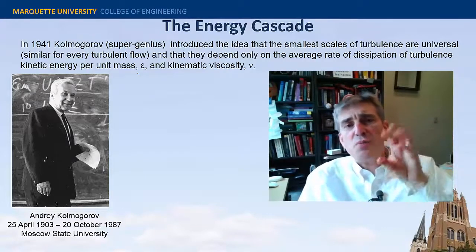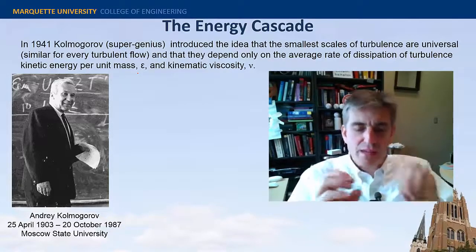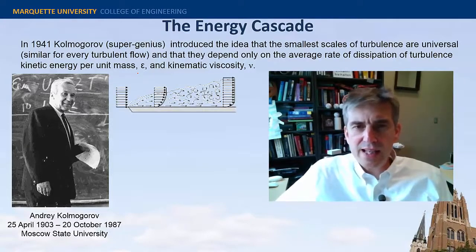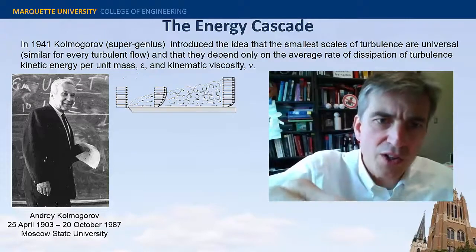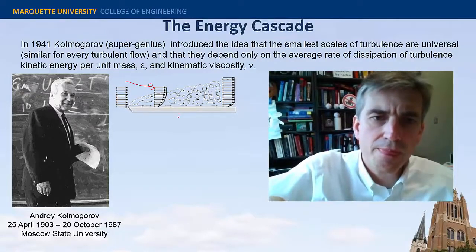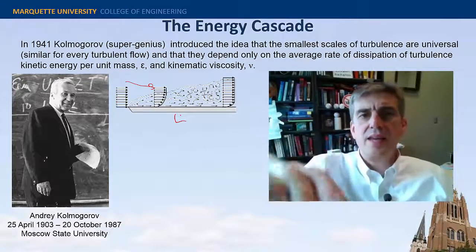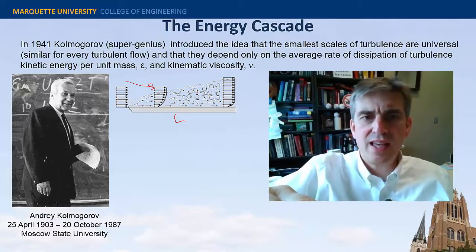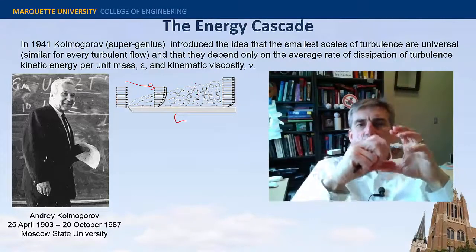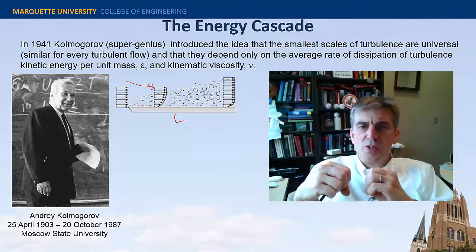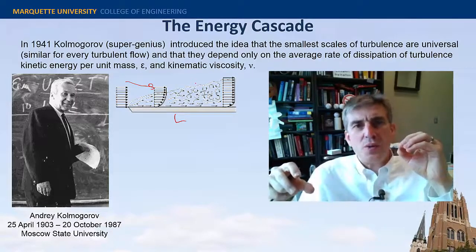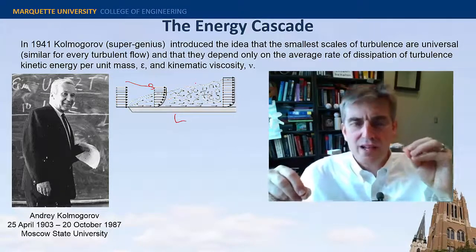Then, as you get down to smaller scales, the scales are dominated by the kinematic viscosity. So let me restate that again. His idea is that you've got a large scale flow like L, and then within that imposed length scale, you might have eddies or swirls on the order of the size L. And then those swirls break into smaller swirls and get smaller and smaller until eventually they're so small that they just instantly go into dissipation via kinematic viscosity.